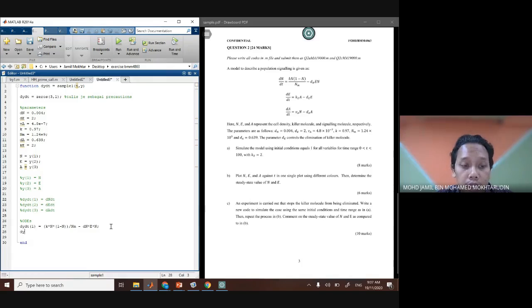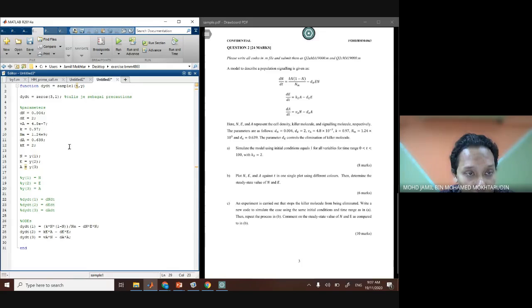Okay, so the next one is dy dt2 equals ke times a minus de times e. And then lastly, dy dt3 equals dA times n minus dA times a.